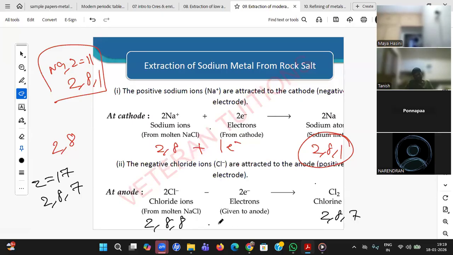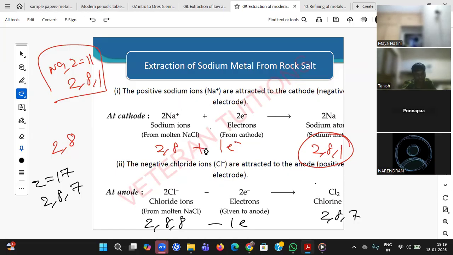So it needs to lose 1 electron to become 2, 8, 7. The chloride ion loses 1 electron to become a chlorine atom. But chlorine can't exist as a single atom, it exists as Cl2. So you need to balance it by multiplying by 2 on the left side. As you have taken Cl2, you should take 2 NaCl.